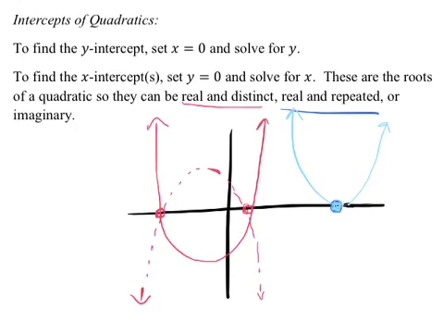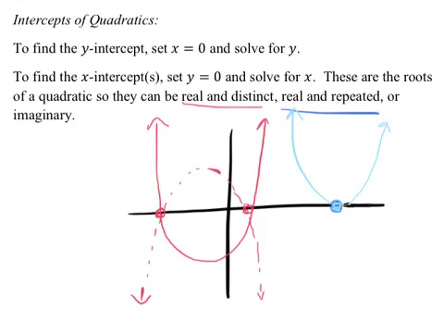So when you have a root that's repeated, it's not actually going through the axis and coming back around. Okay, it's not looking like this one where it goes through the axis. If it was real and distinct, it would go through the axis and maybe come back around. But this is real and repeated. It just touches once and comes back. So it literally gets up to the axis, it touches it, but then it turns back around.